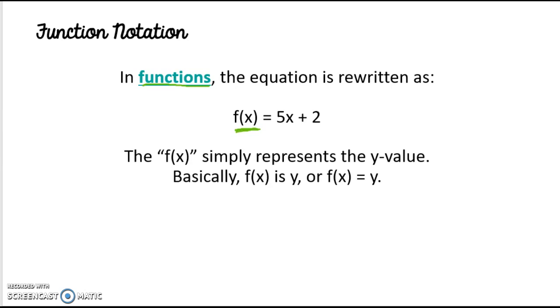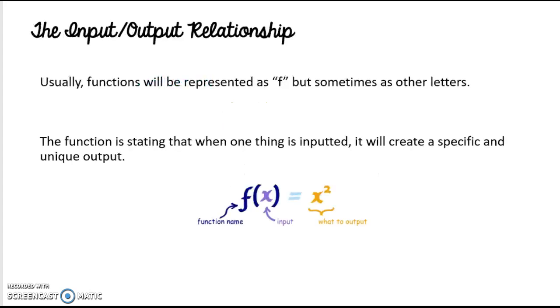The f of x simply represents the y value. Basically, f of x is y, or f of x equals y. So all we're doing is taking y equals mx plus b, and replacing it with that notation of f of x.